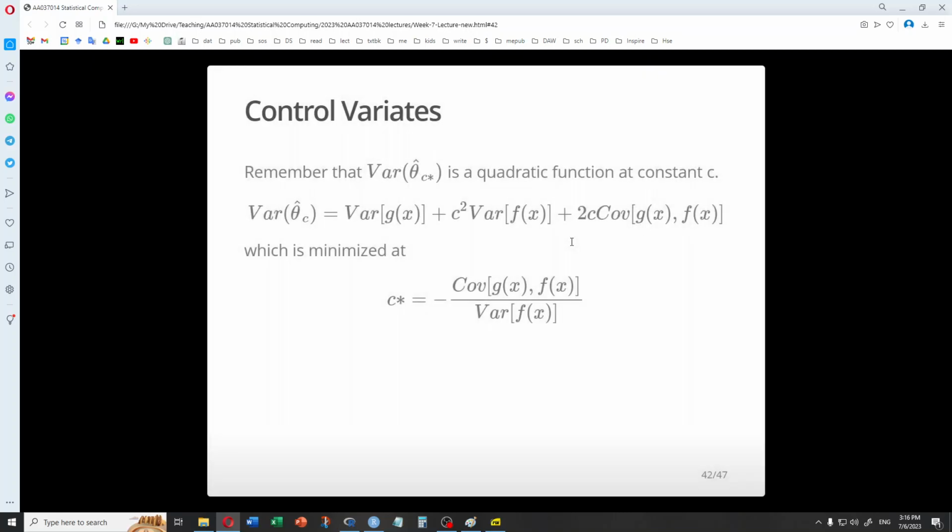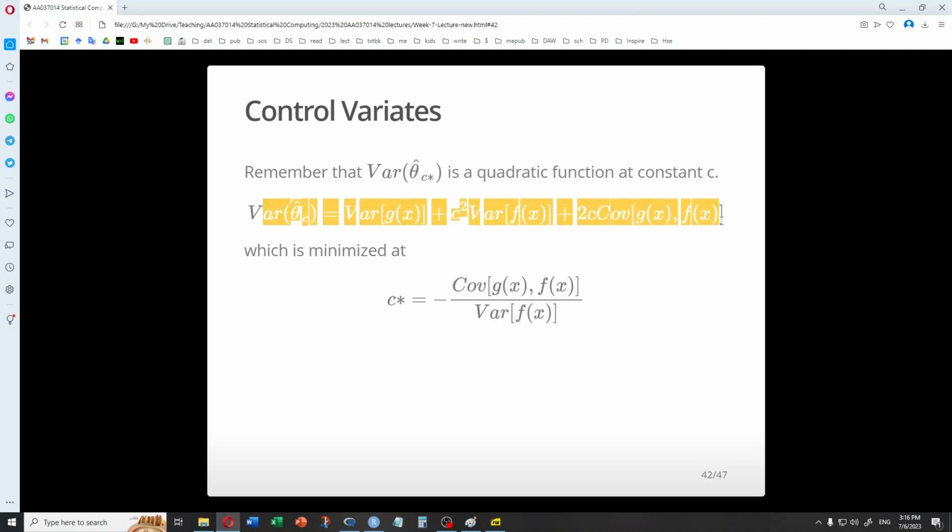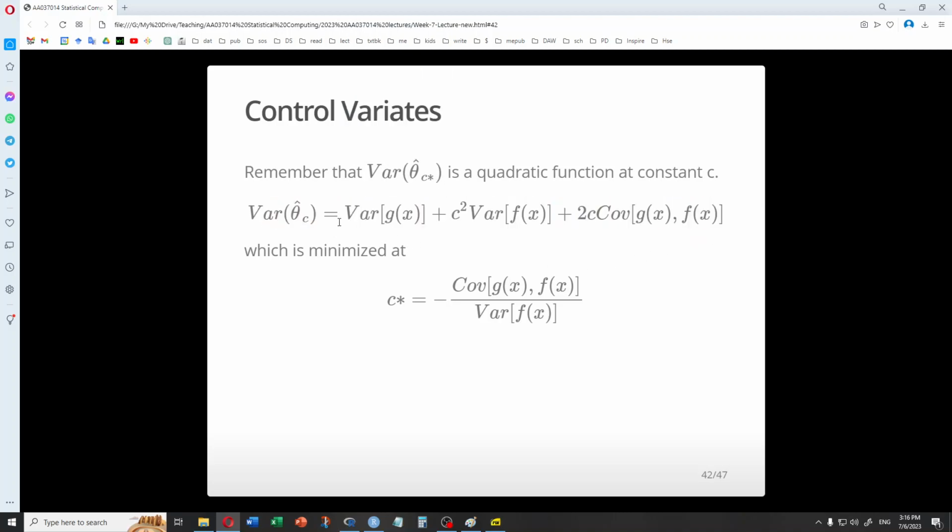So remember that the variance of theta is given by this. And as you can see, this is a quadratic function. So the variance of theta is given by the variance of g(X), plus c squared times the variance of f(X), plus 2c times the covariance of g(X) and f(X), where c is a chosen constant.